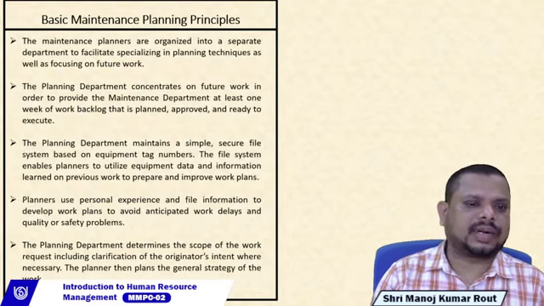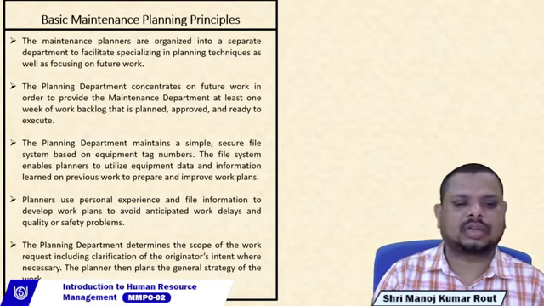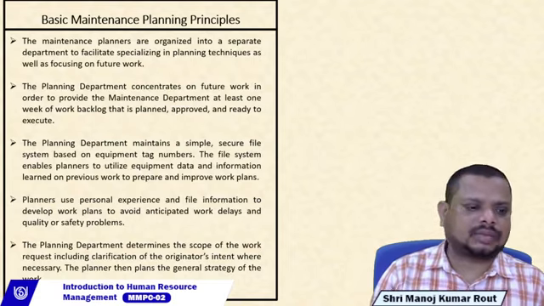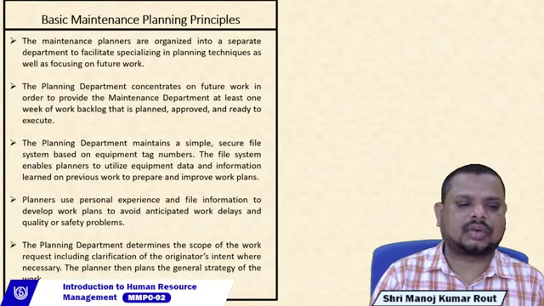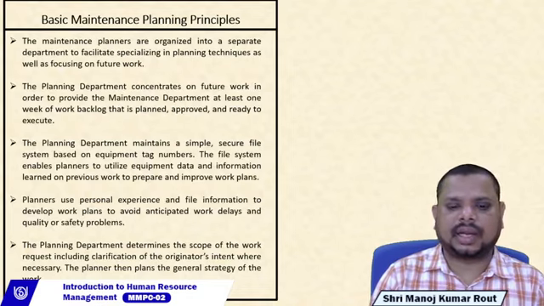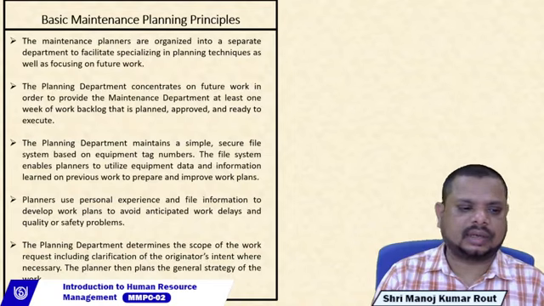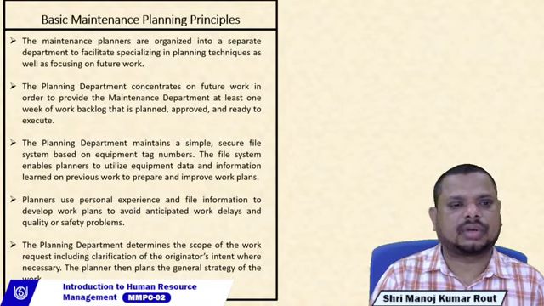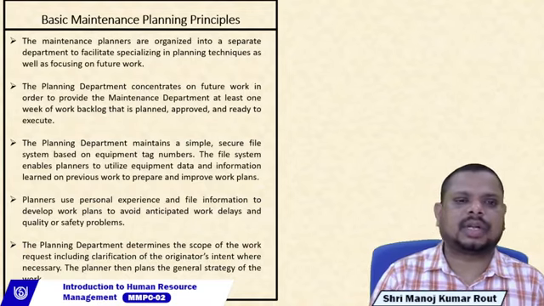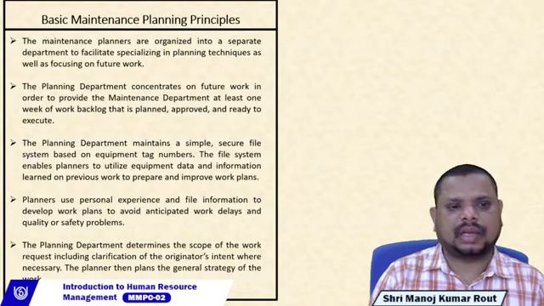Whenever you focus on maintenance planning, you must be aware of various anticipated work delays and quality as well as safety related problems. The last principle: the planning department determines the scope of work requests, including clarification of the originator's intent where necessary. The planner then plans the general strategy for the work. These are the basic and fundamental principles applied in maintenance planning departments.